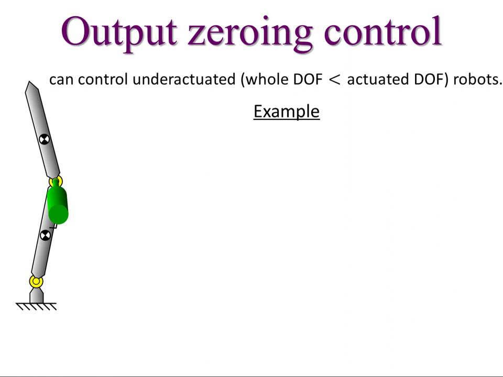Let's take the example of the two-joint robot as shown in the figure. Assume that the first joint near the ground of this robot has no actuator attached to it and the second joint has an actuator attached to it.